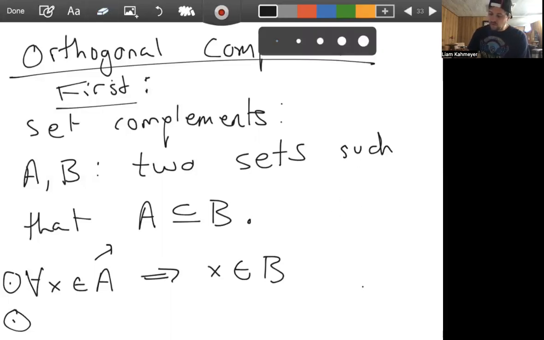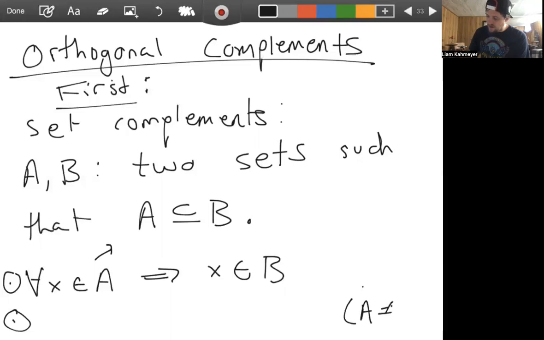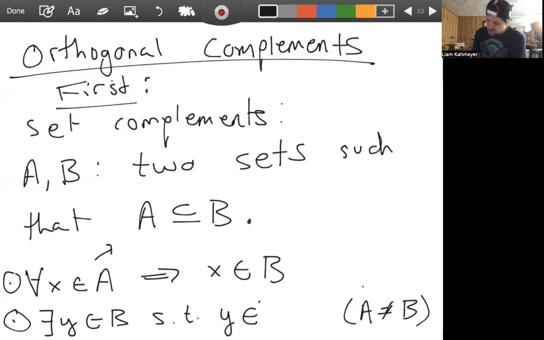So for A, not B here, we're purely looking at proper subsets. We also have that there exists a Y in B such that Y is not in A, right? This is also what it means.